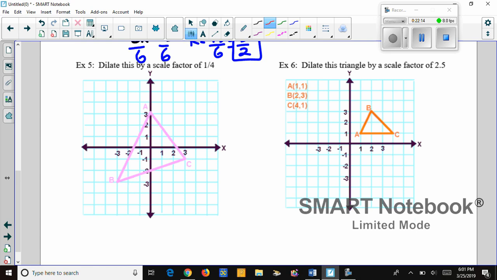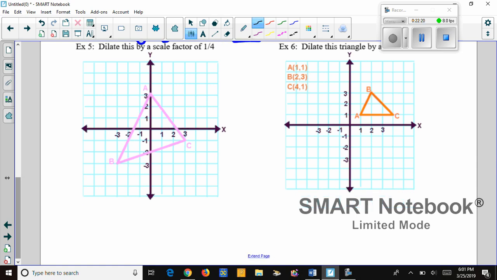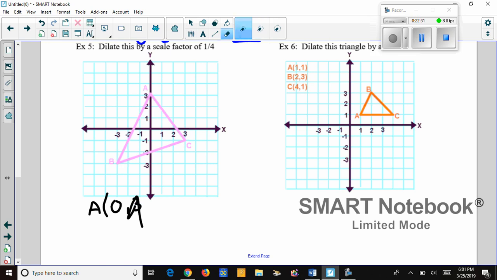In number 5, we need to start by finding what our ordered pairs are. We have that A is at 0, 3. And actually, I'm going to leave some space because we're going to put in there what our multiplication is as we figure it out. 0 and 3.